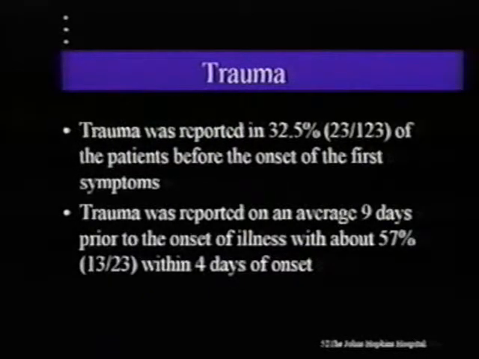And what we found is a much higher percentage. So if you ask patients if they have had trauma, mild back strain, immediately preceding the onset of symptoms, the answer is yes, in about 1/3. The average was about 9 days prior to the onset of illness, with 57% of those who reported yes, it occurred within 4 days.